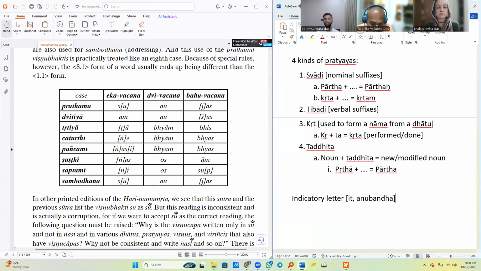Then the question would be, why are they inserted in the first place? Because of three usages. Number one, to facilitate pronunciation, to help us with the pronunciation. For example, this su. Can you pronounce this S without the U?